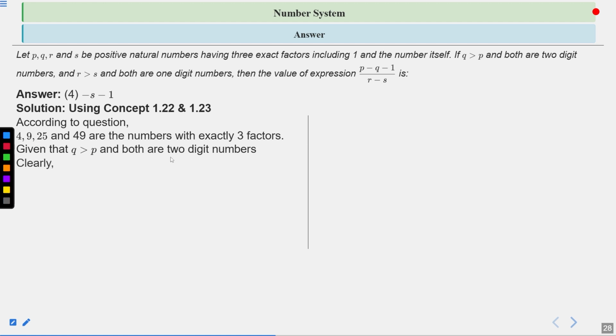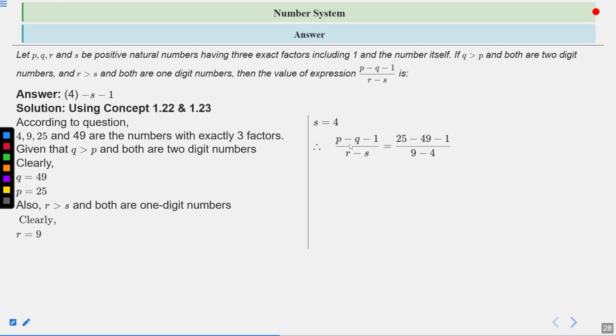And it is clearly mentioned that R and S will be 1-digit numbers, so we can take 4 and 9. Now Q becomes 49, P becomes 25, and also R is greater than S, so both are 1-digit numbers. So clearly we can say that R is 9 and S is 4.